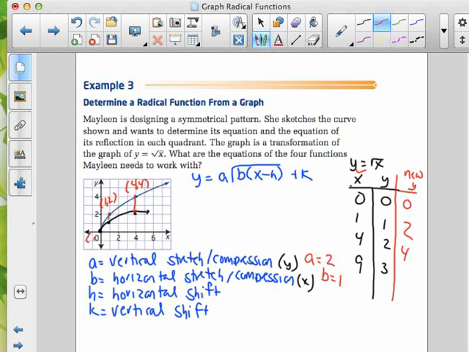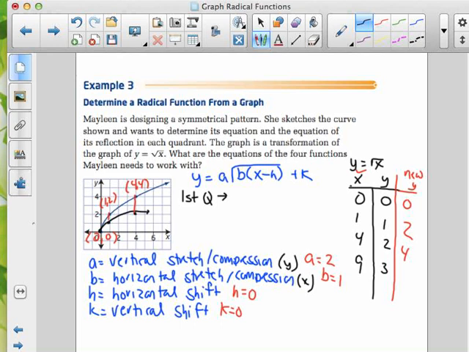Our endpoint here is still at 0, 0. So there's no horizontal shift or vertical shift. So h is 0 and k is 0. So now that we know that information, we can write the equation for our graph here. The one that's shown in the first quadrant, because she wants it in all 4 quadrants, we're going to replace a with 2, and that's it.